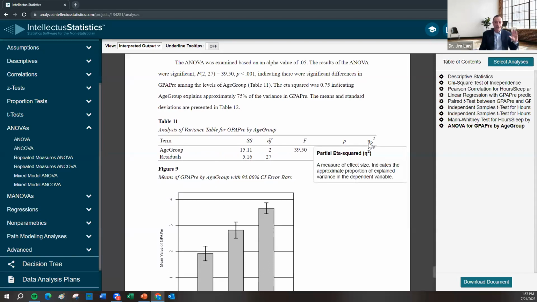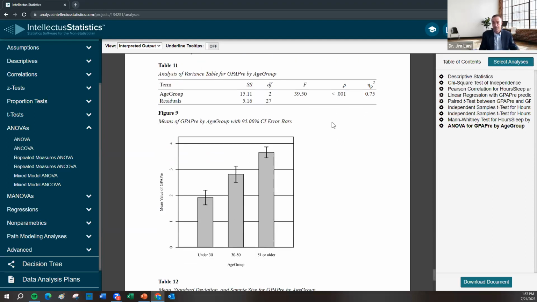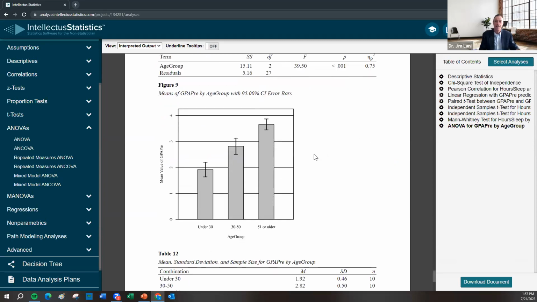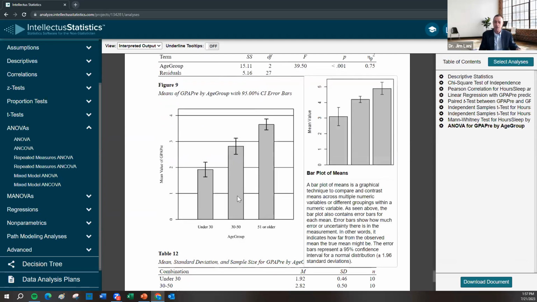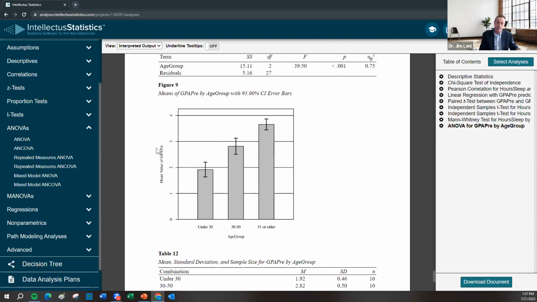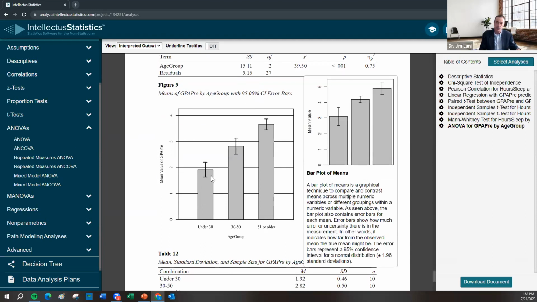For those that have had to make APA tables in the past, this is a real winner because you're not wasting valuable time formatting your tables. I'll get to that download in a moment. And then here is our bar plot. We can see for those under 30, 30 to 50, and over 50, the mean group GPA. You can see what's happening here. It looks like as you're getting older, GPA is greater.